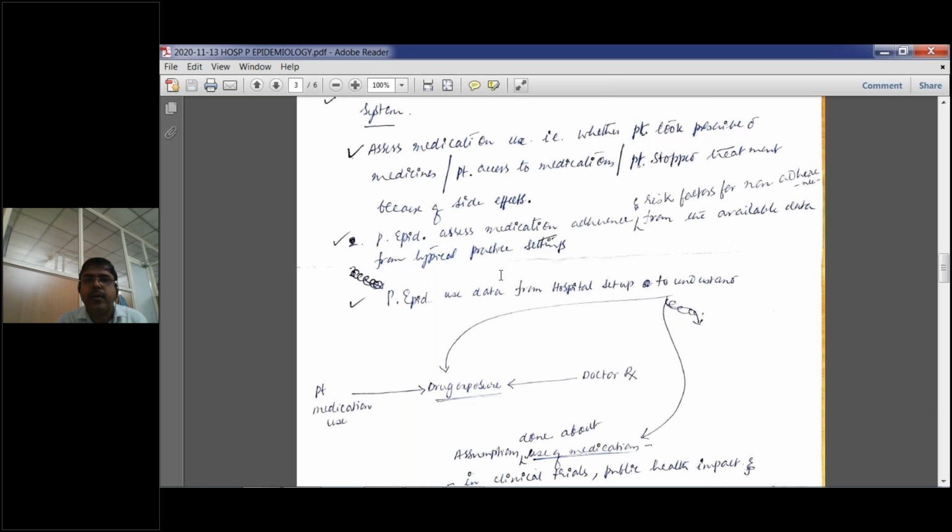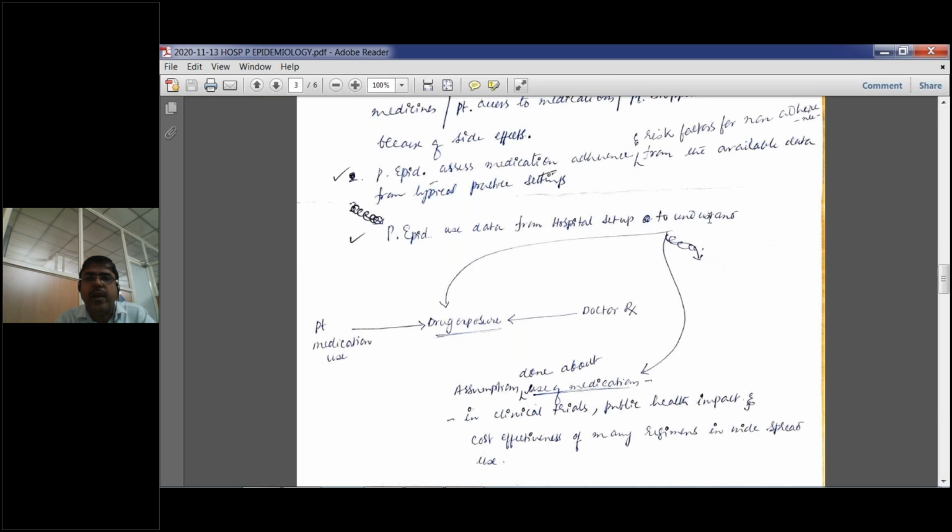as long as the patient is in the hospital as an inpatient, right? So the third use of pharmacoepidemiological data is to understand two things basically: drug exposure, prescribing medicines, and taking medicines and not taking medicines.